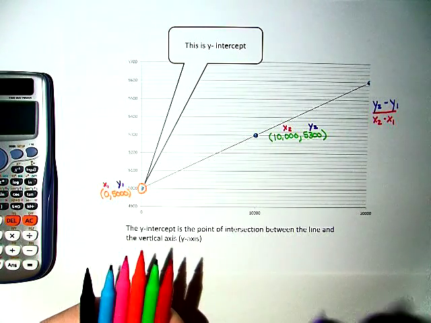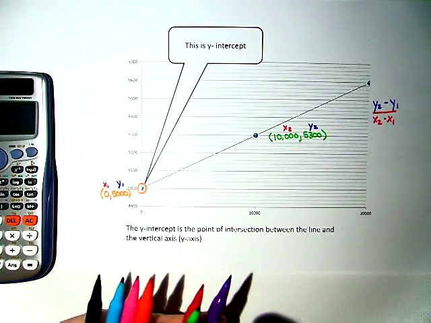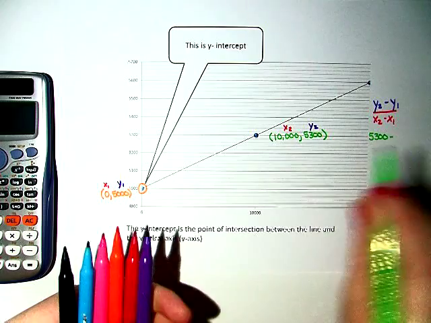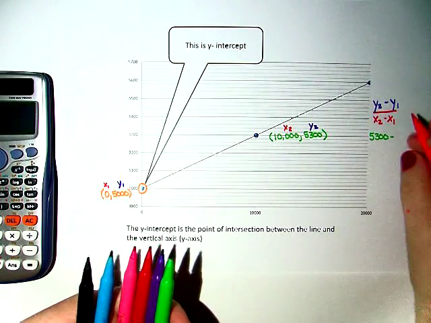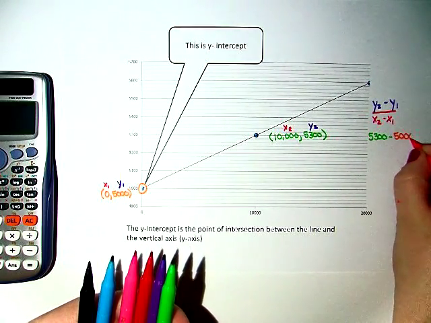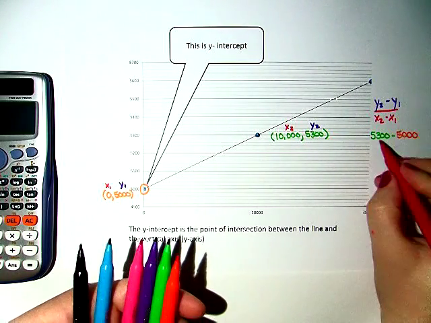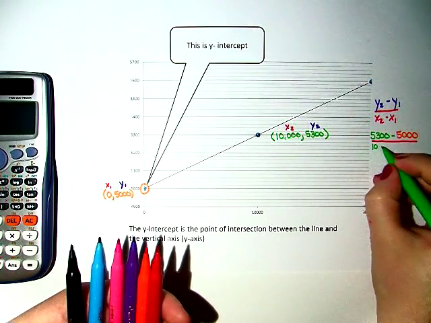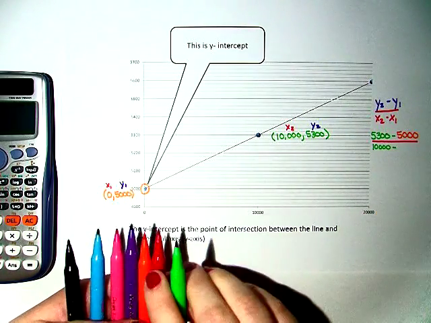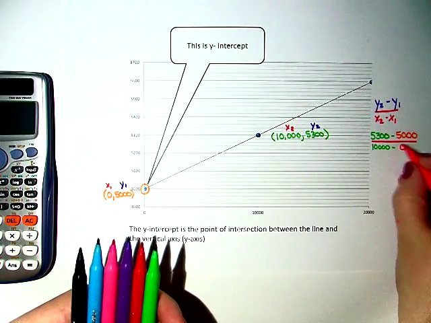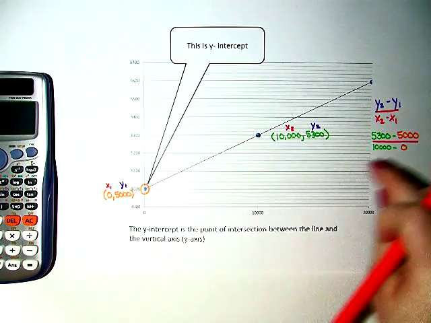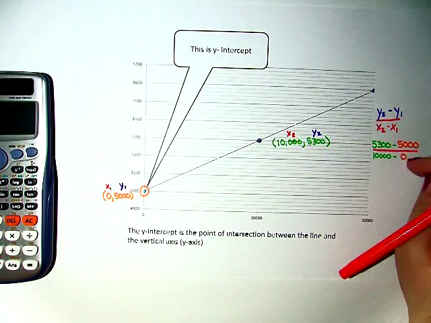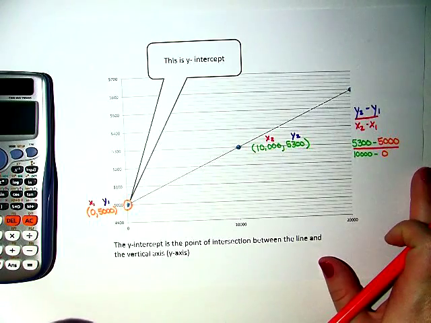So let's start with y2. y2, we have 5,300. And we're going to subtract y1, which is 5,000. All of this is divided by x2, which is 10,000, minus x1, which is 0. So you see where we got the different points. You have y2, x2, y1, x1 very clearly listed on the graph.